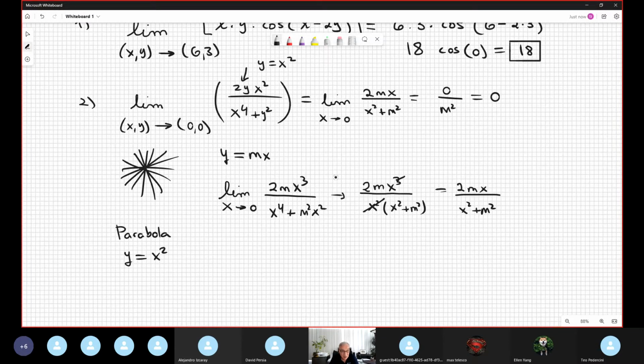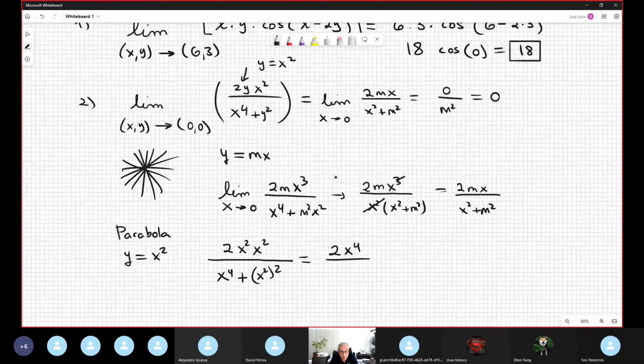So my limit now, when you replace in this expression y for x squared, is 2 x squared times x squared divided by x to the 4th power plus x squared squared. So in the top we have 2x to the 4th power divided by x to the 4th power plus x to the 4th power.